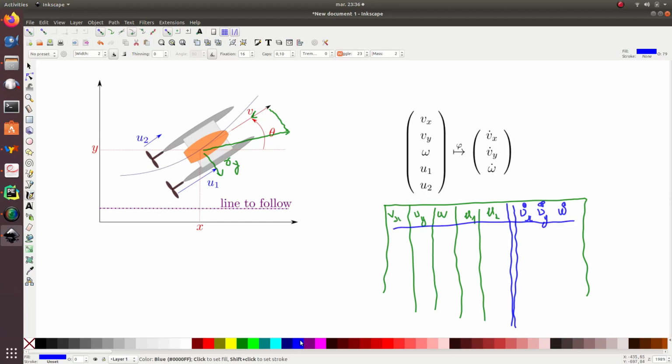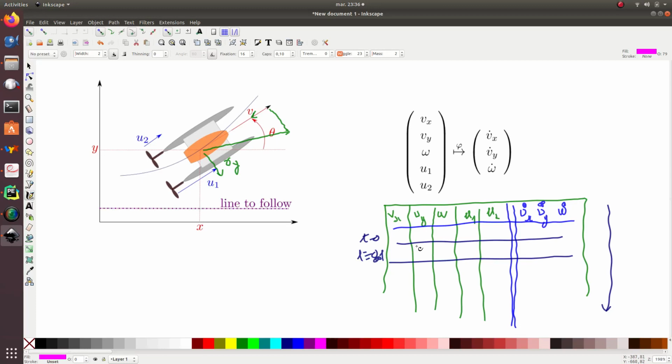So here is the first line, the second line. This one is, for instance, for t equal to 0, for t equal to 0.1, and so on. This file is huge. And from this, the function phi will give me this. How I generated this file, I will explain in Python.